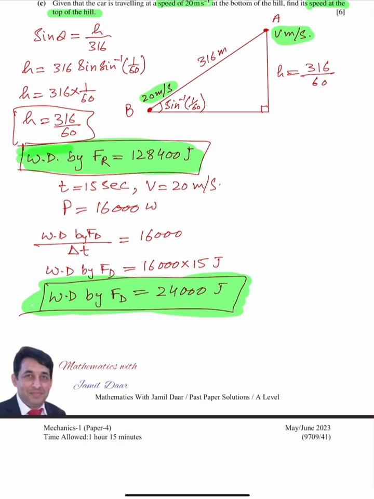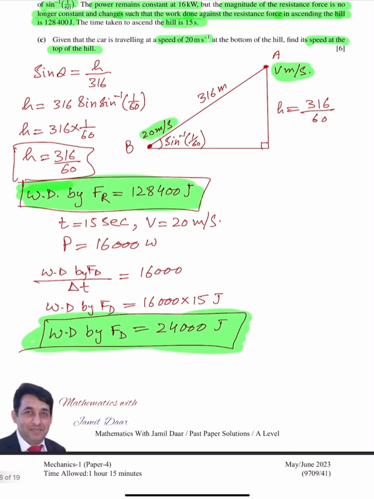So now we'll find out the change in kinetic energy. Change in kinetic energy is equal to kinetic energy at point A minus kinetic energy at point B. What is the kinetic energy at point A? That is half mv square.